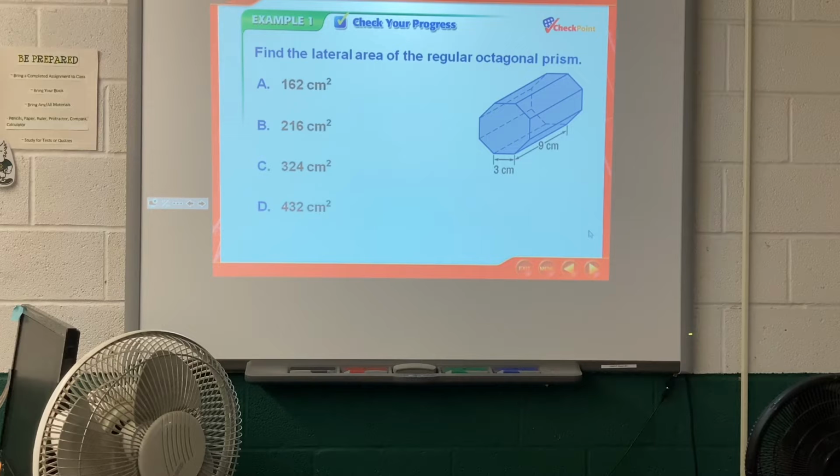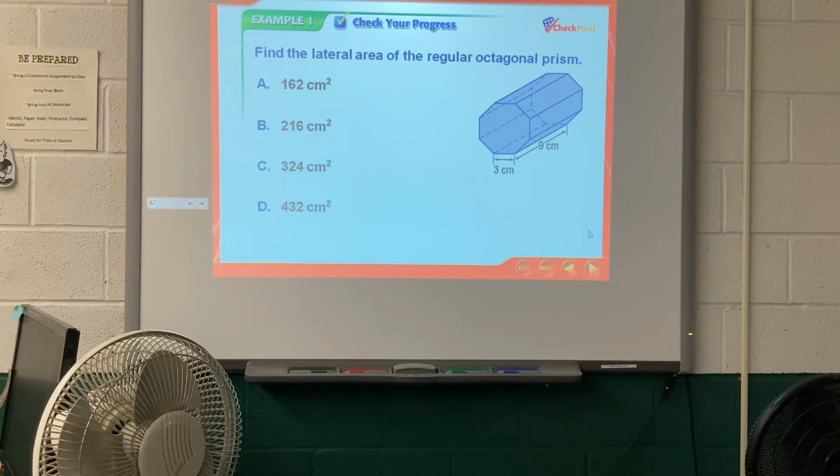The octagons. Even though it's not sitting on the octagons, they are my bases. So what is my capital P? 24, 3 times 8. And then I take that answer times 9, because that's the distance between my two bases.